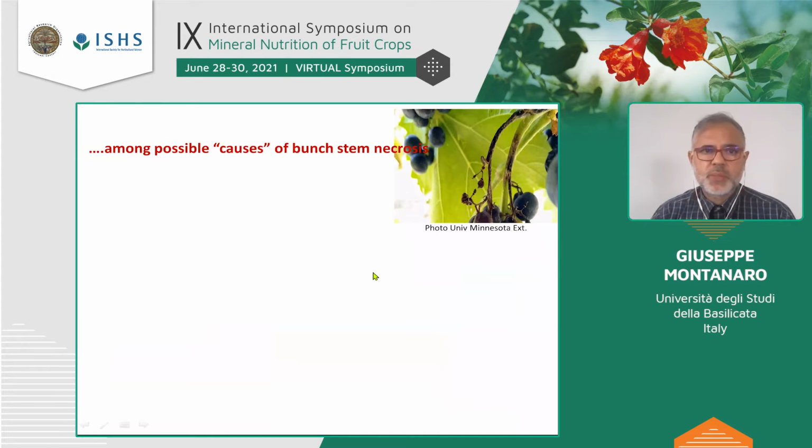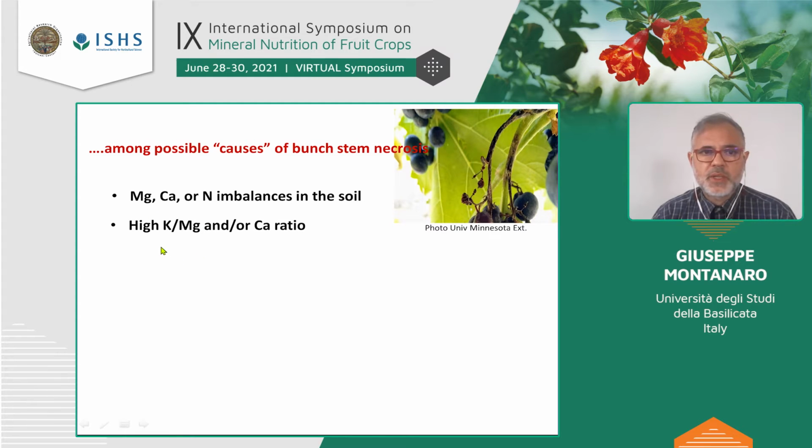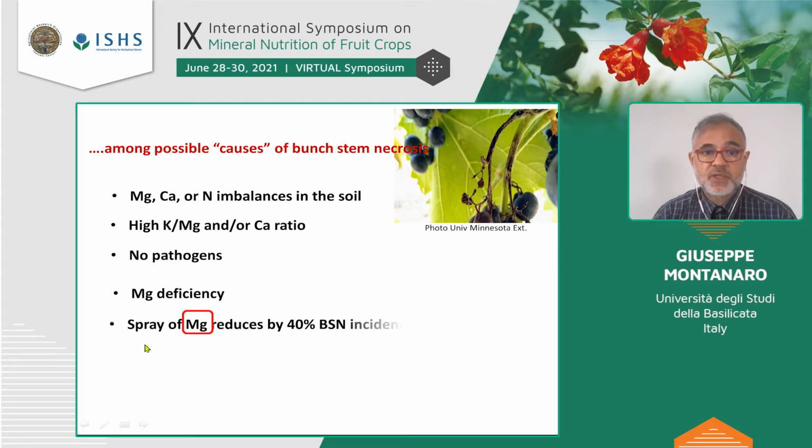Reviewing the possible causes of bunch stem necrosis on grapevines, you can find common issues such as magnesium, calcium, or nitrogen imbalance in the soil, and high potassium to magnesium or potassium to calcium ratios, the absence of pathogens involved in the bunch stem necrosis, and also magnesium deficiency.